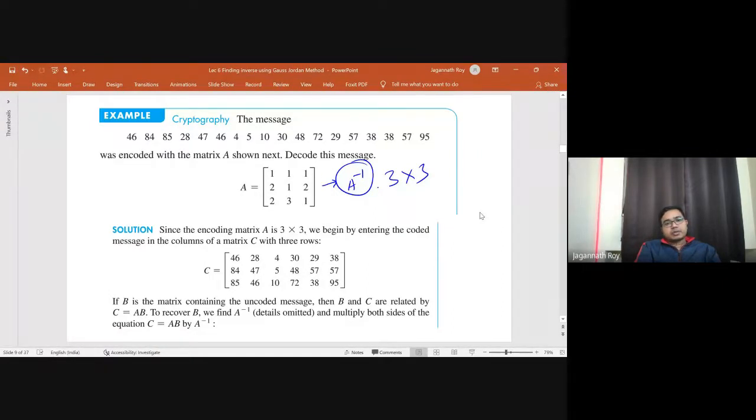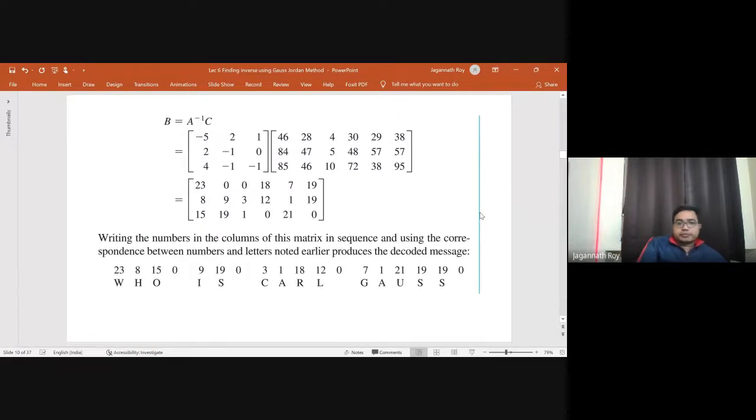Okay. Now this is the message you send to your friend. You tell them to use this as the key, so that whatever you get after multiplication, that will be your message. So after finding the inverse, take A inverse, and then multiply with the C matrix.